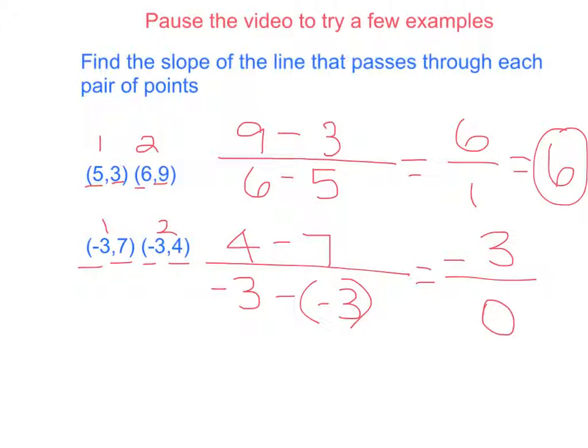So now you have to determine, if it's over 0, what does that value give us? We have to determine if that's a slope of 0 or an undefined slope. Anytime that a number is over 0, it is undefined, because if you were to graph this, you would graph it at the point and it would be going up and down in a vertical line, so it would be undefined.